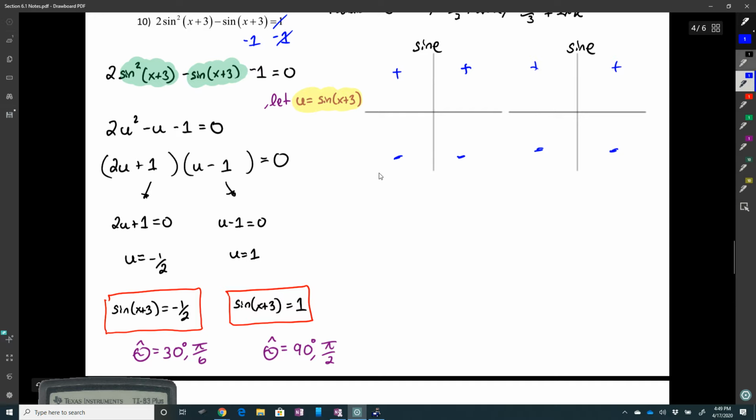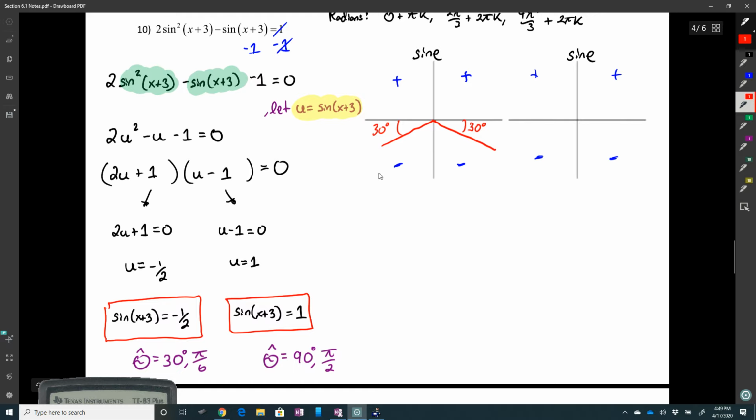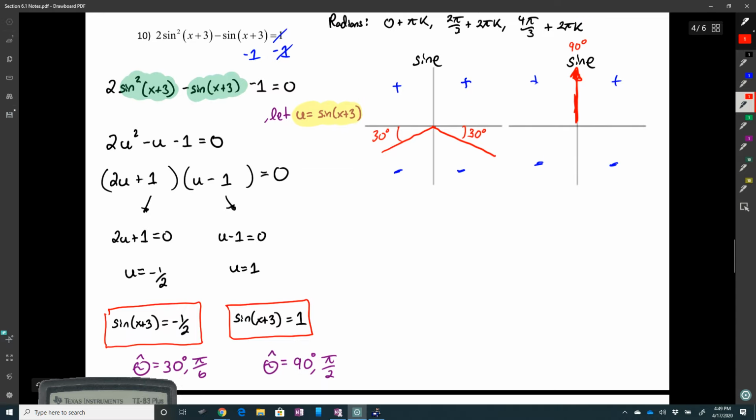So I go ahead and work them out. So when is sine negative half? Well, that means it's negative. I draw my reference angles. There's 30 degrees, or pi over 6. There's 30 degrees, or pi over 6. For the other one, it's 90 degrees. 90 degrees is actually straight up. And so that's just 90 degrees. All right, so let's go ahead and write the answers out.